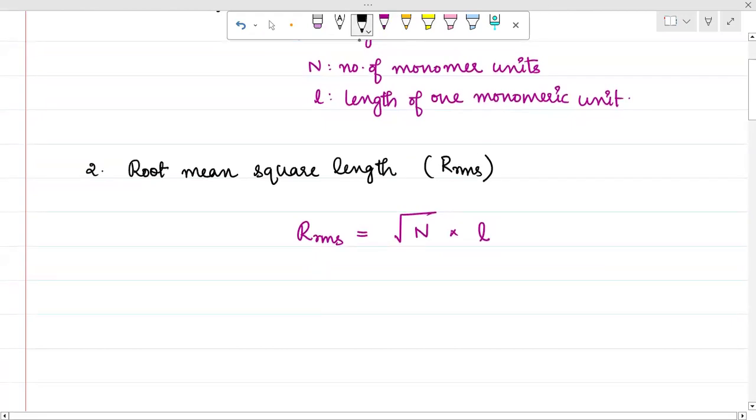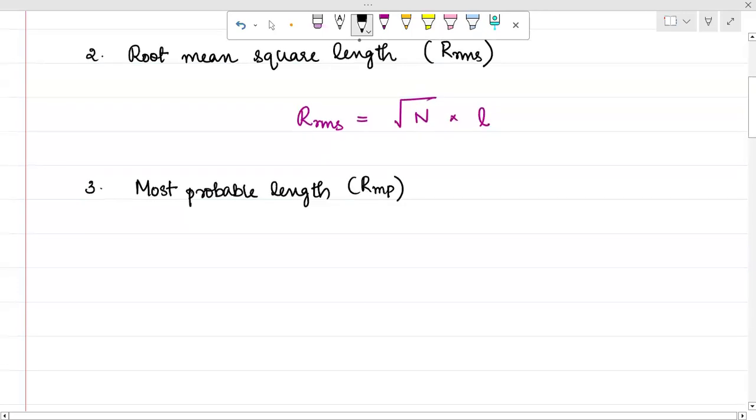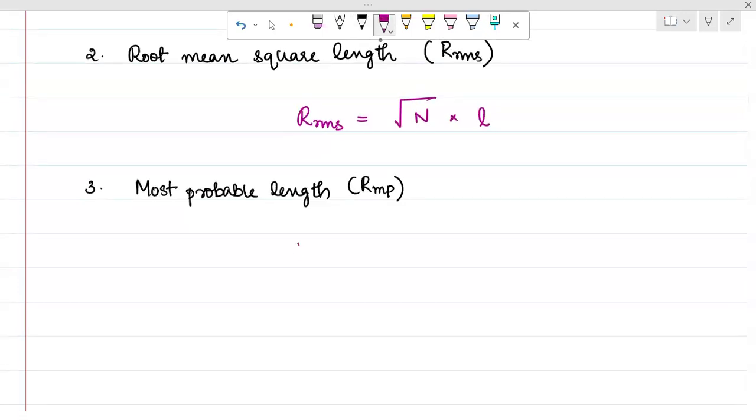Third one is not asked yet, but then you can write most probable length of the polymer. Most probable length, which is R_MP. R_MP is equal to root mean square length into root of 2 by 3.